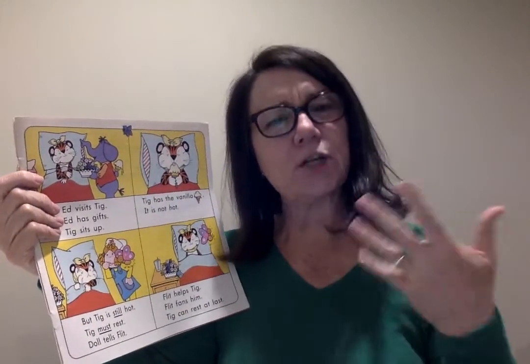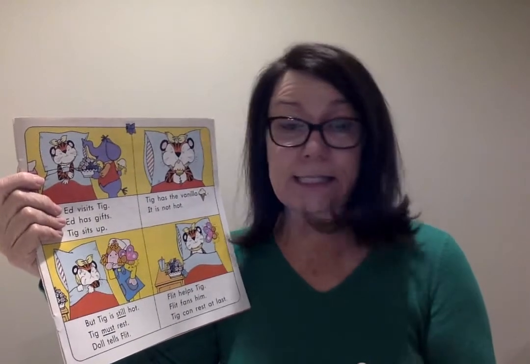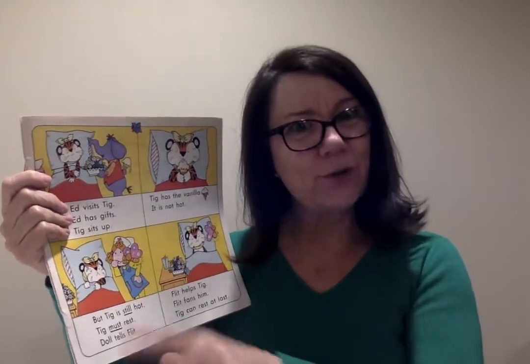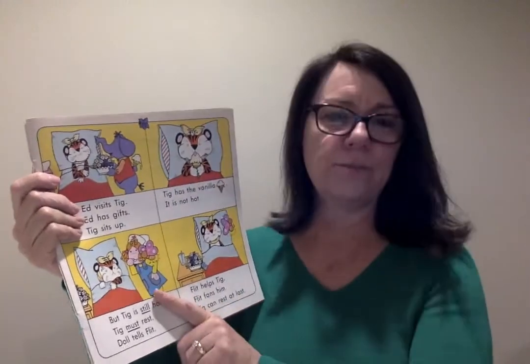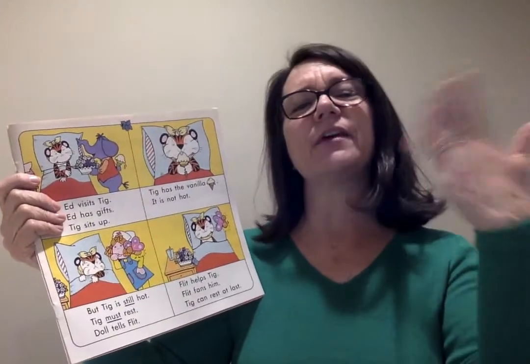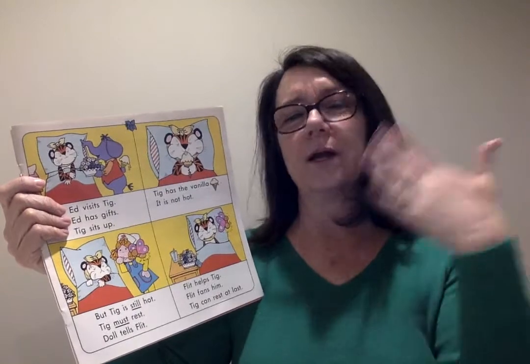But it says he is still hot. So in that sense, still means that it's continuing. It didn't stop. He didn't cool off. He's still hot. So he must rest. He has to do that in order to get better. So Flit has an idea. Remember that I said that fanning is when you move air around?